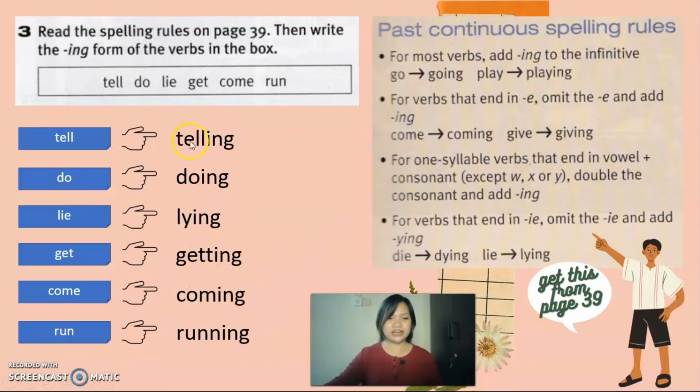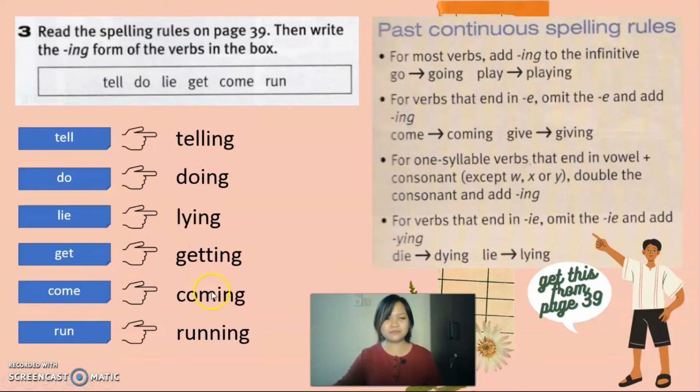As we look here, for words like tell, because there are two consonants before the end of the word, right? So we don't have to omit anything or add anything. We just put ing, telling.